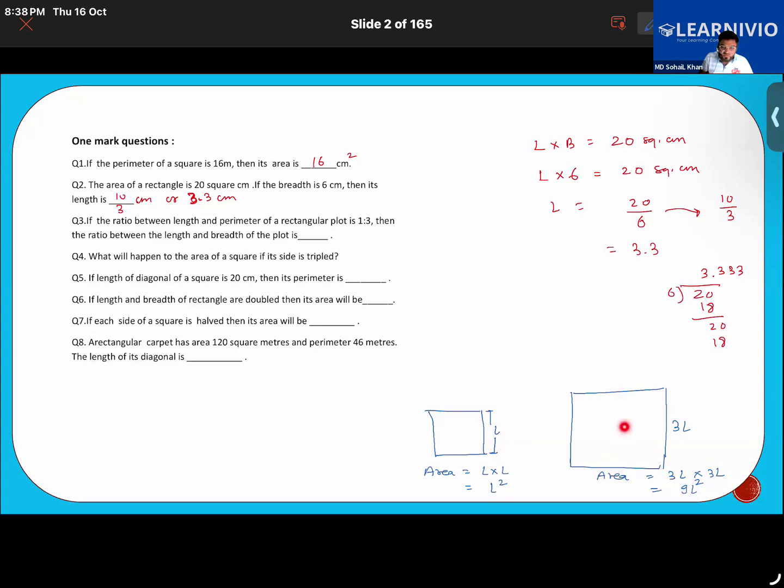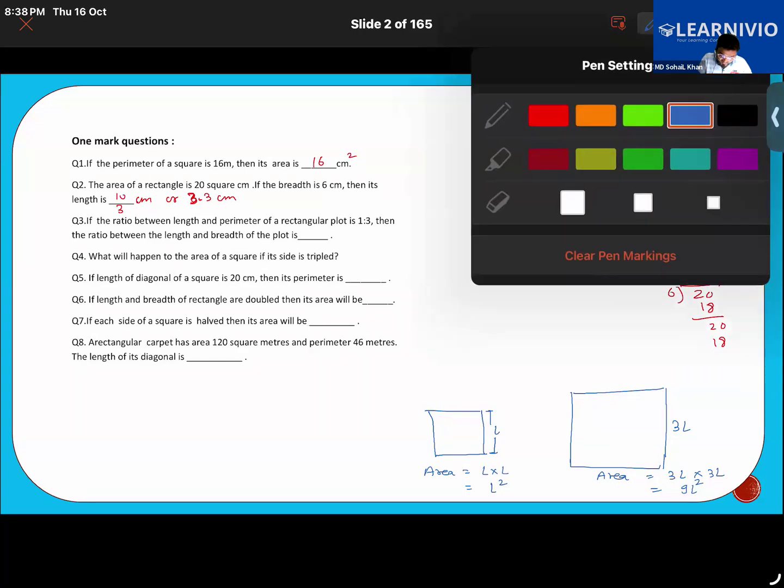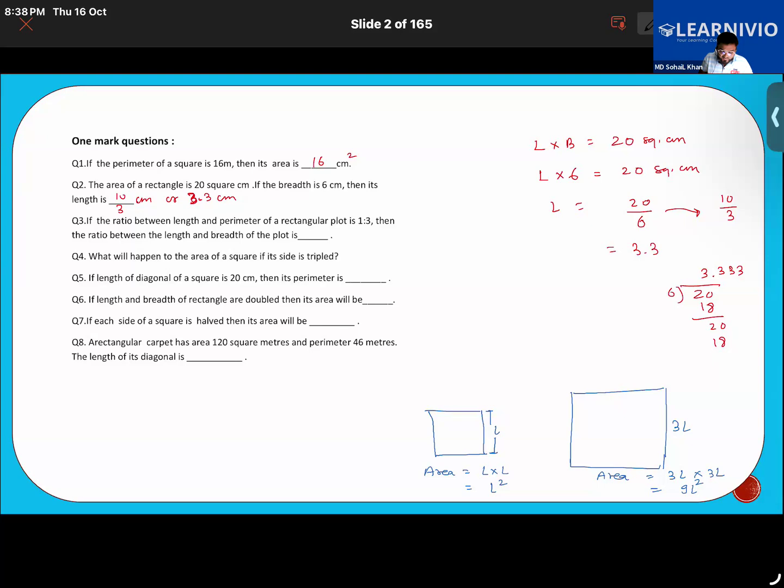So the area is getting how much bigger? It's basically getting 9 times bigger, no? Basically what you can do, if you have to find out how much bigger this square has now become, you can divide the area of this square.